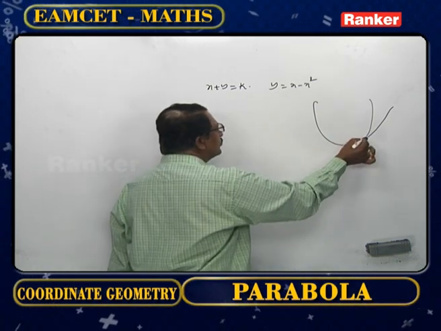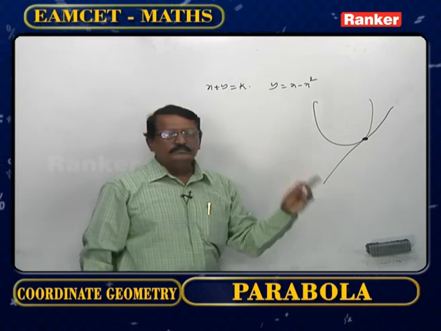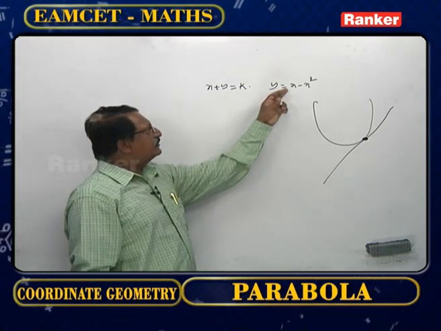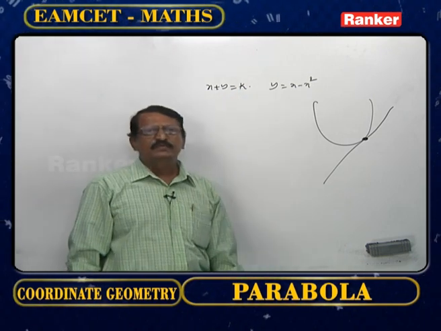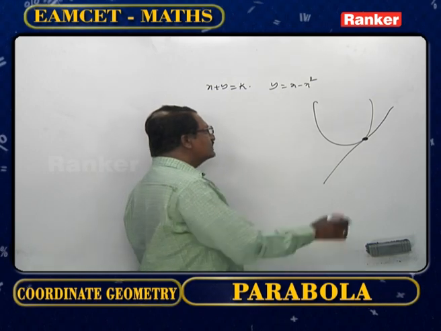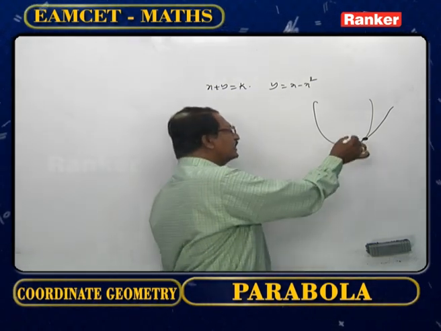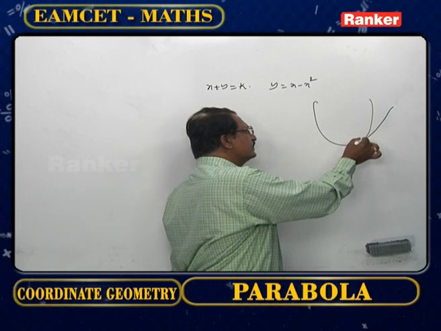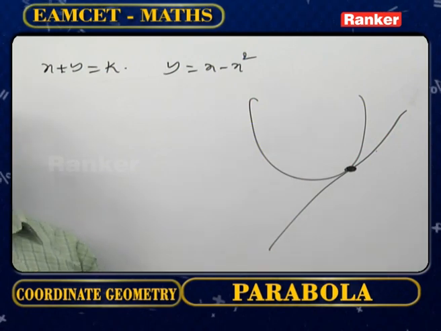Now, we require the value of k, since the given line is the tangent to the given parabola. Always, any curve and straight line intersect at 2 points, but when a curve and a straight line touch each other, then the common point is only 1.